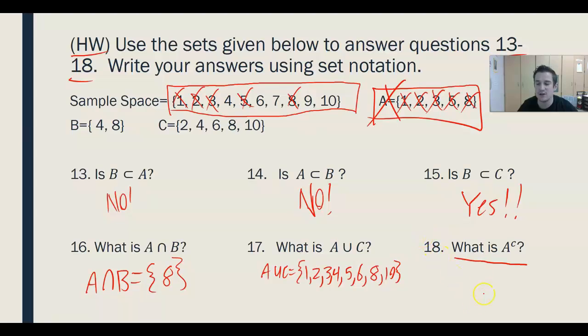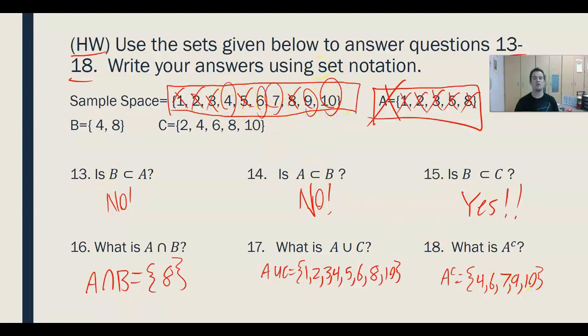What numbers are left in the sample space that were not in set A? Well, they are 4, 6, 7, 9, and 10. Those were all the elements that were not in set A, but were still contained in the sample space. That's what a complement means.